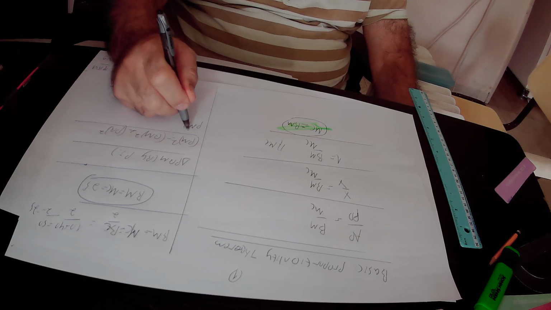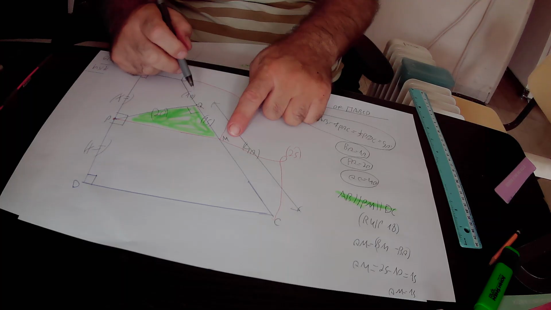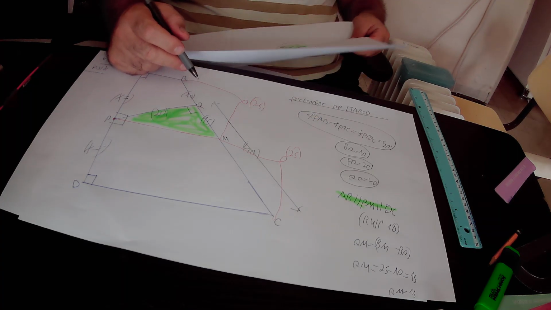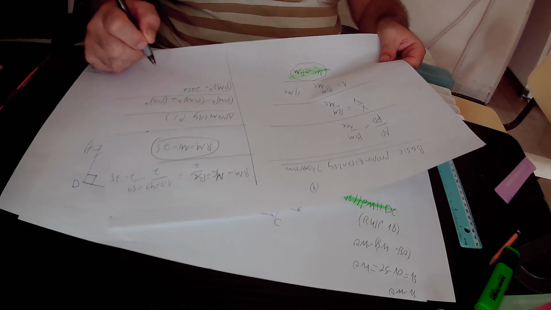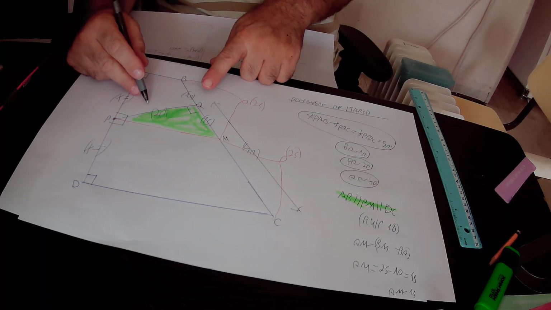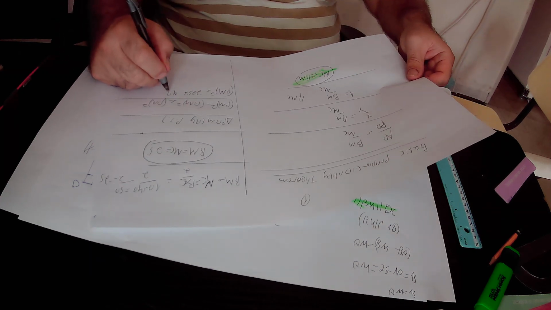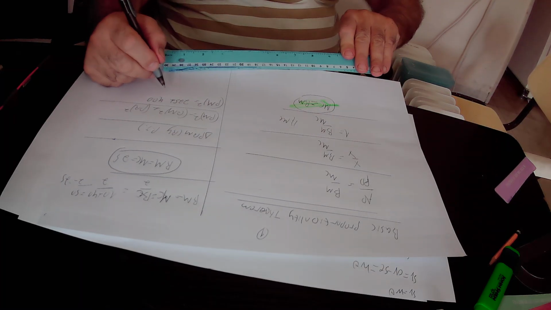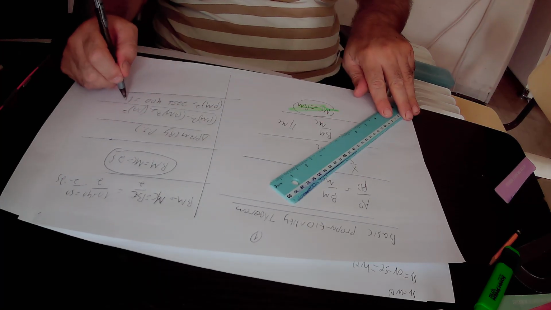So PM squared equals QM squared. QM is 15, therefore QM squared is 15 squared, that is 225, plus PQ squared. PQ is 20, therefore PQ squared is 20 squared, that is 400. So in total PM squared equals 225 plus 400, that is 625.